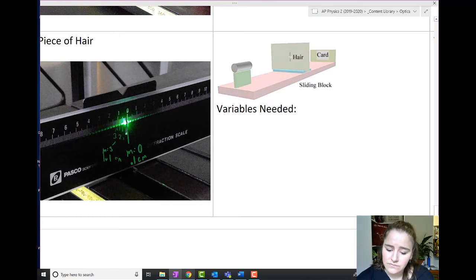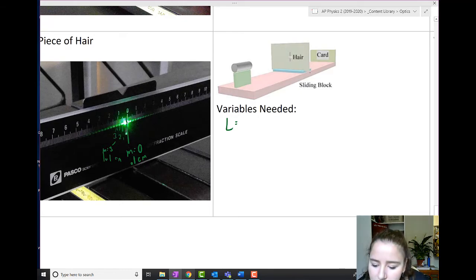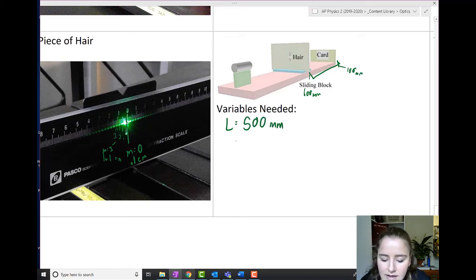Okay, so we have our distance L has changed. I said that I put the hair on the 600 millimeter mark. And this, if you remember, was on the 100 millimeter mark. So our L is 500 millimeters or 0.5 meters. Okay, we're using our m equals 3 maxima.